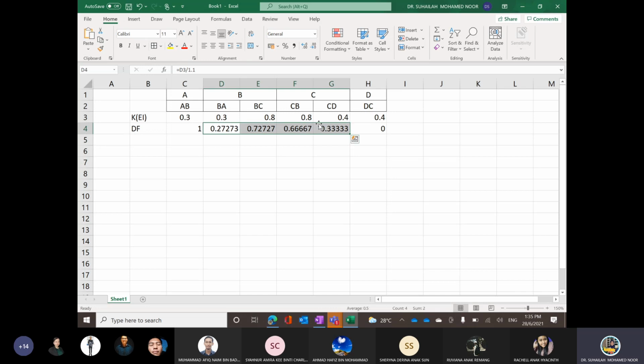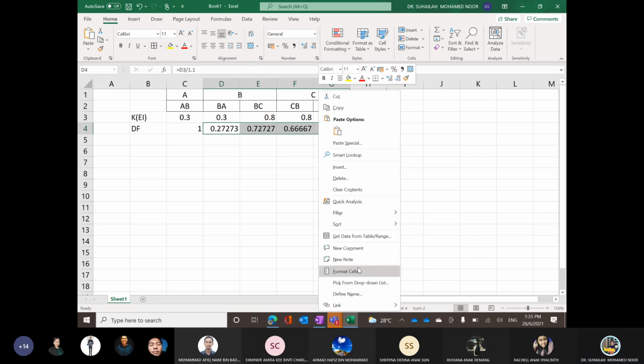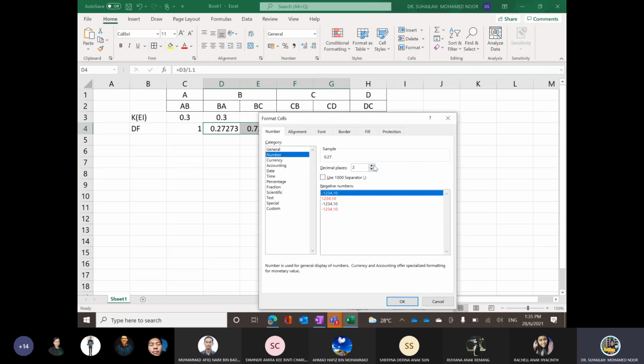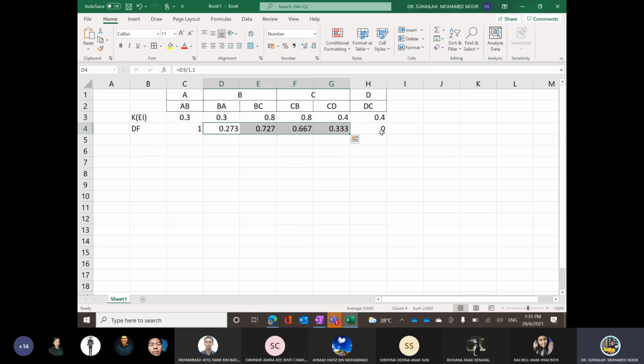Okay, I want to set it to 3 decimal places.